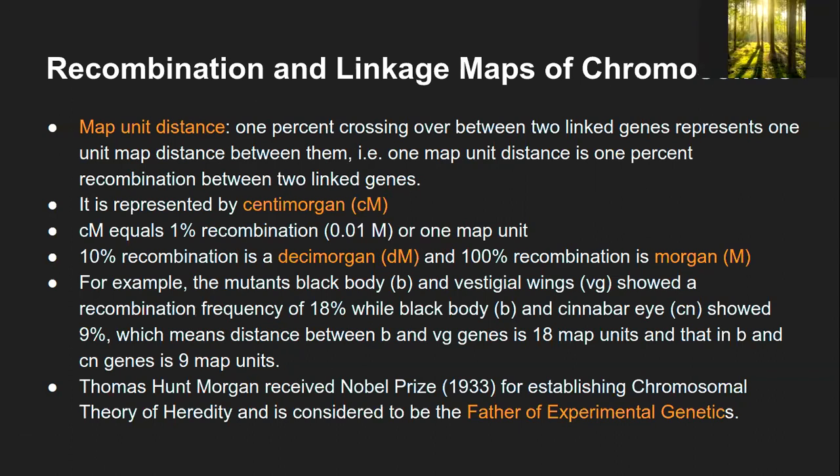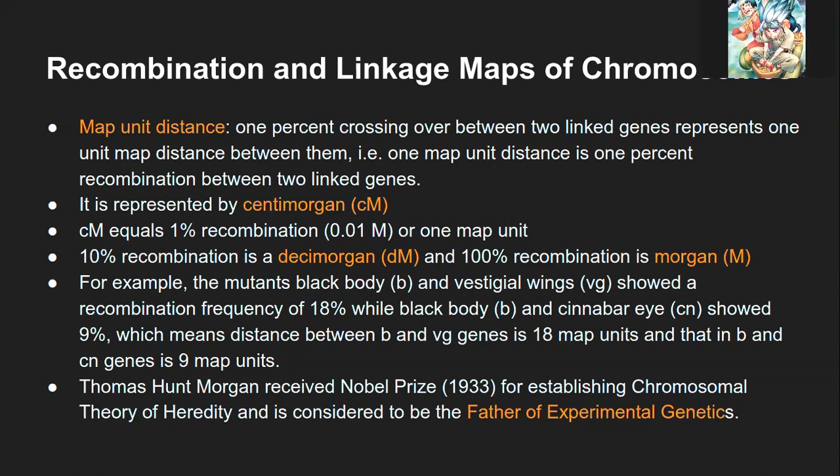Linkage refers to the group, right? Not just two genes. It refers to the linkage group. So within that particular group, in this case 100% recombination means there are no parental types forming in the gametes. All of these new gametes which are formed are all recombined.